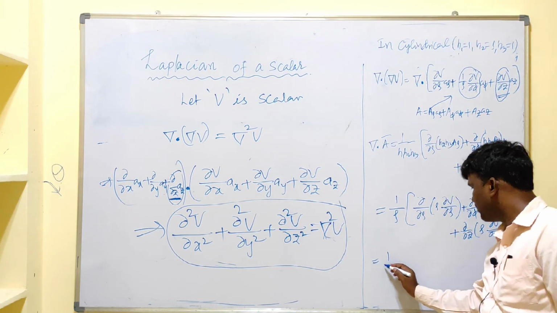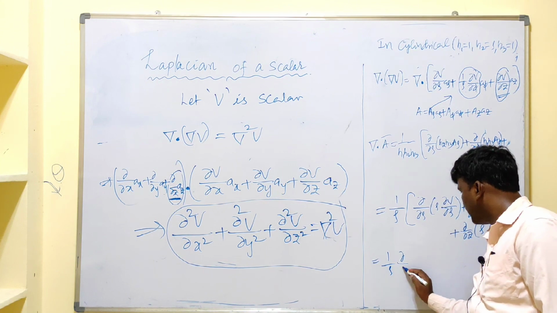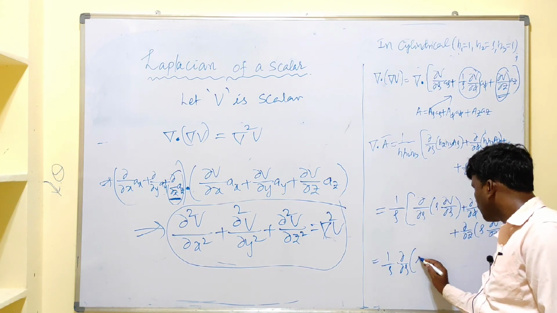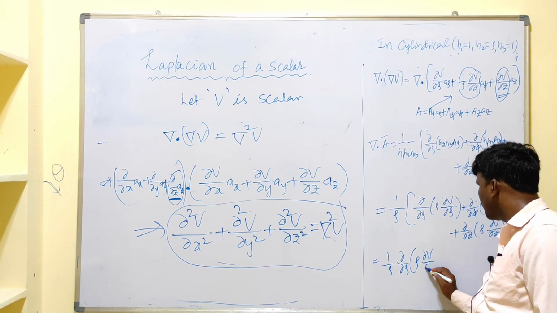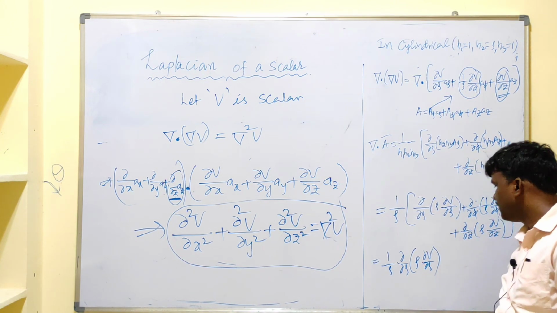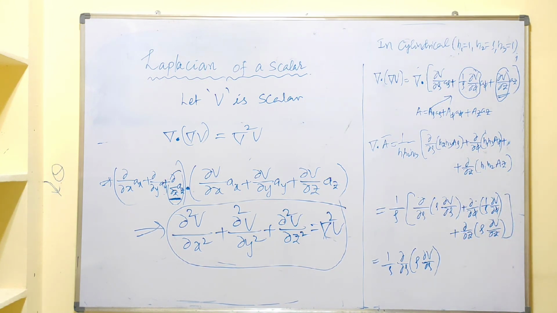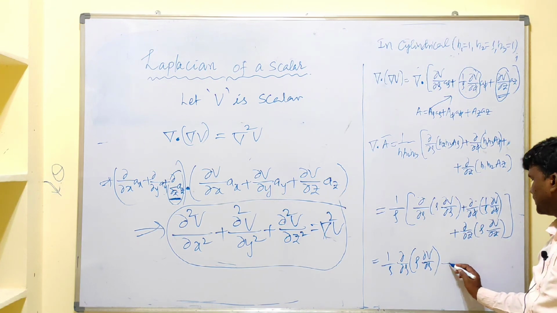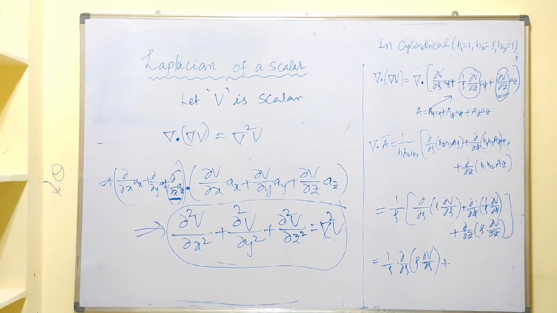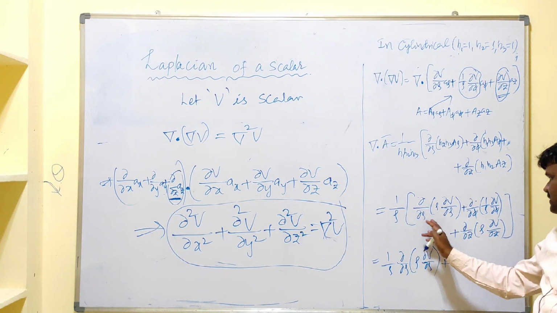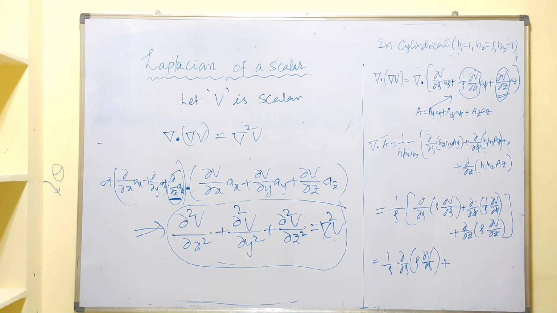It is nothing but 1 by rho ∂/∂rho of rho into ∂V/∂rho. And what about the second one? It is 1 by rho, partial differentiation with respect to rho, ∂/∂rho of rho into ∂V/∂rho. Okay, rho is a variable.